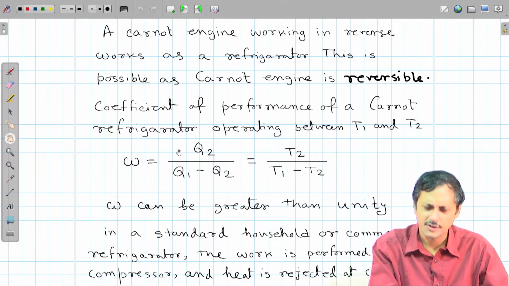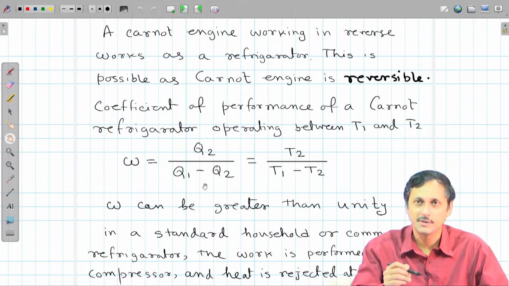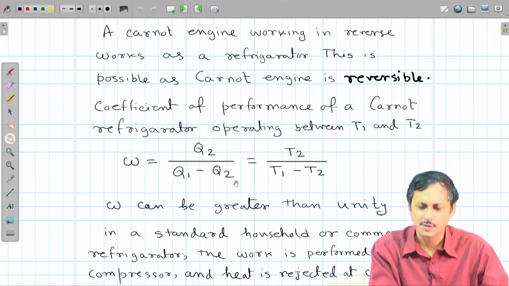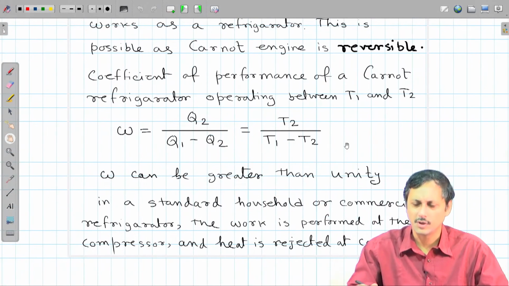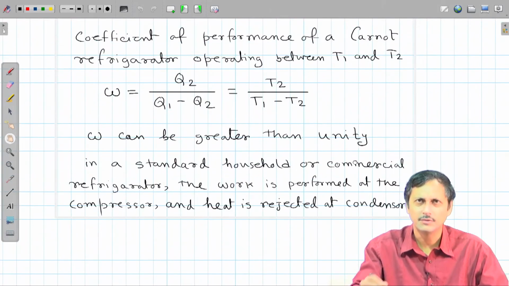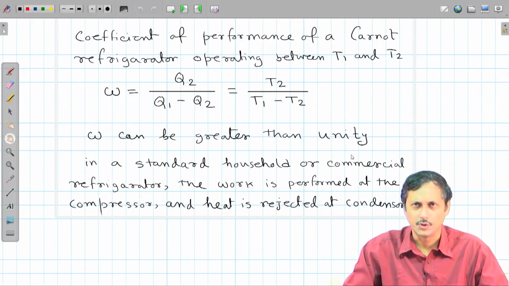And in case of a Carnot refrigerator, a reversible refrigerator, Q2 by Q1 minus Q2 can be written as T2 divided by T1 minus T2. So, I am not proving it explicitly. If you want, you can try it yourself. It is not very difficult to prove. Okay. So, all you have to do is revert all the steps.